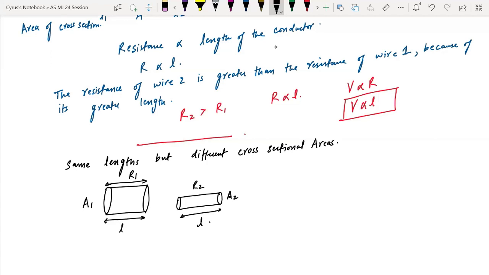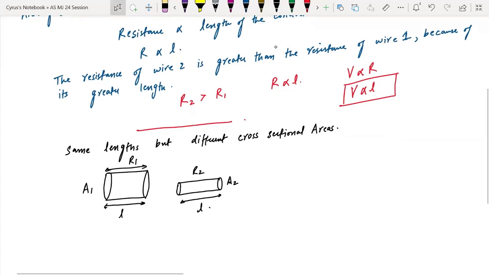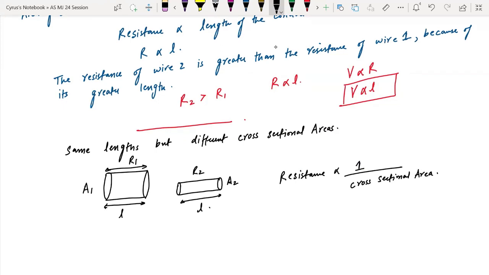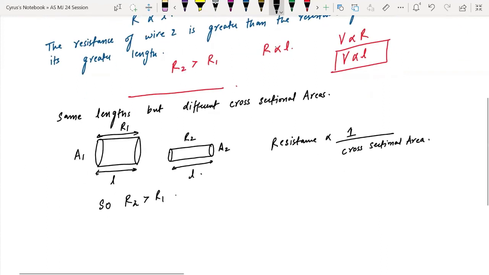The charge carriers would have a hard time to flow in that, right? There would be more collisions as well. So the resistance here is inversely proportional to the cross-sectional area. So R2 will be greater than R1. And you've already seen that R is proportional to 1 over A. So R is inversely proportional to the cross-sectional area, right?